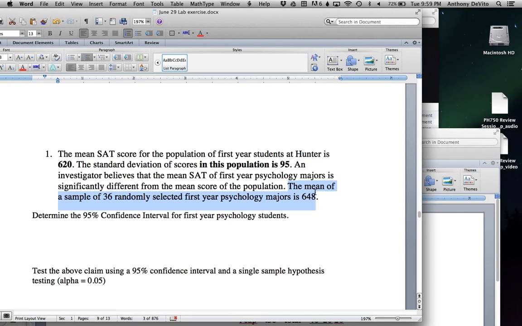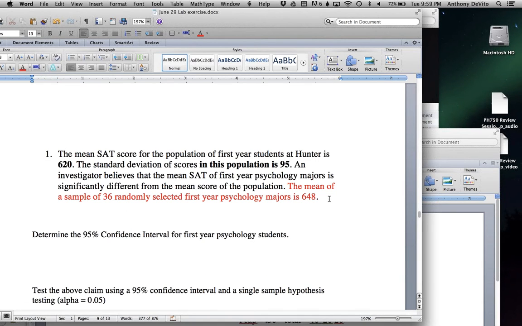I'm just going to focus on that part right there, and I'm going to say to myself, let's find our confidence interval for the population of first-year psychology students that wound up with an average score of 648. So let's calculate our 95% confidence interval.